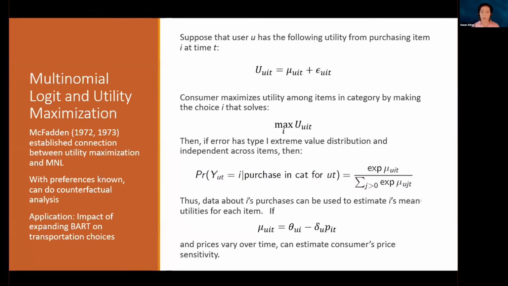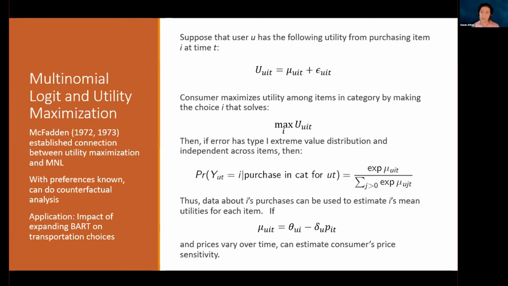And why does that matter? Well, from a prediction perspective, the interpretation doesn't necessarily matter, but from a counterfactual perspective, it does matter. If we want to think about what would happen if I change something, then I could change anything about this problem. I could add a product, I could take a product away, I could change a price, I could make it go out of stock. And this model, given that it's assuming consumers maximize utility, would tell us counterfactually what would happen.